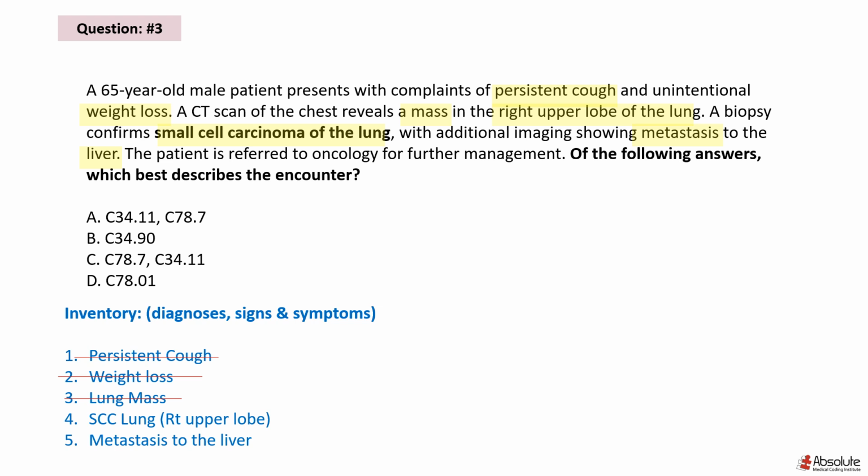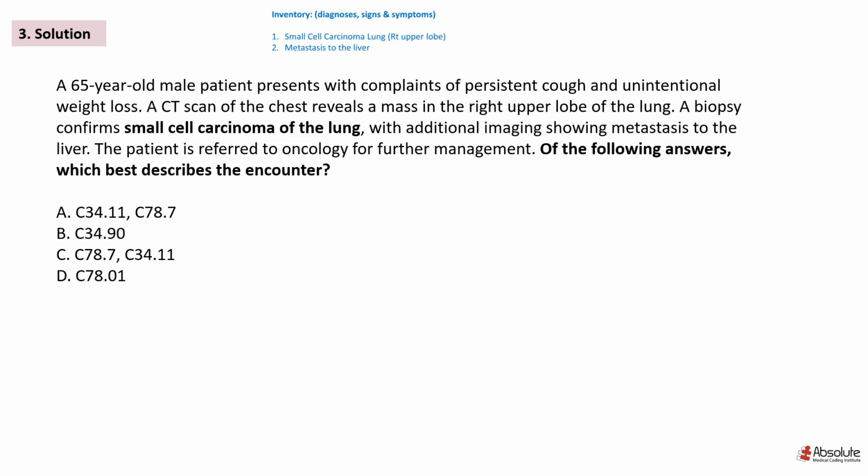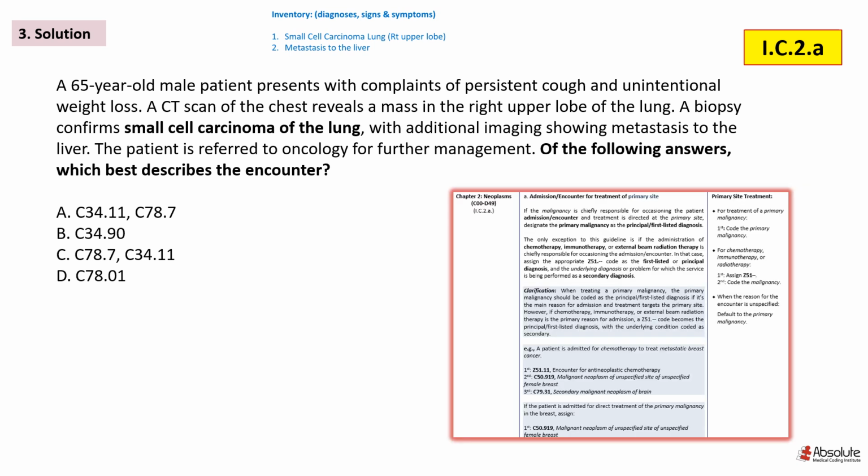Good deal. Okay, now let's go solve this scenario. Let's find that guideline. So we'll begin with our inventory at the top. Now, which guideline would we apply? If you said guideline section 1C2A, that to me is the best. Now, this guideline is no longer in ICD-10-CM.